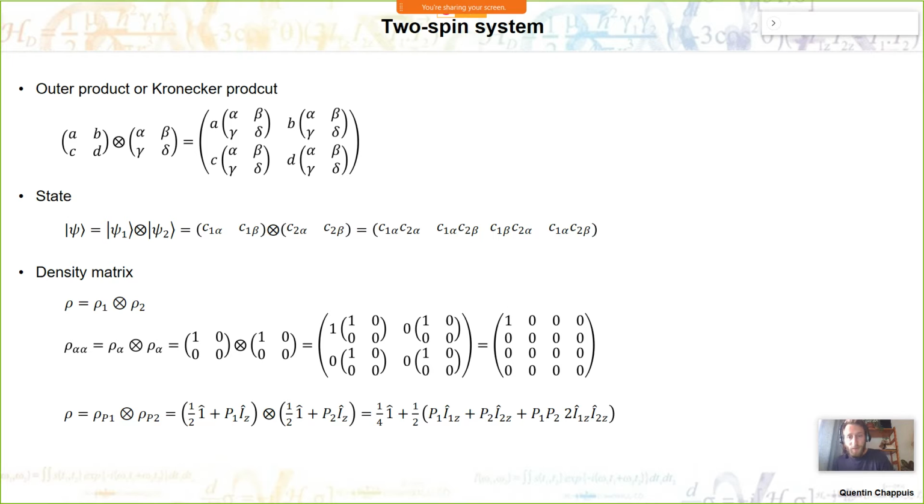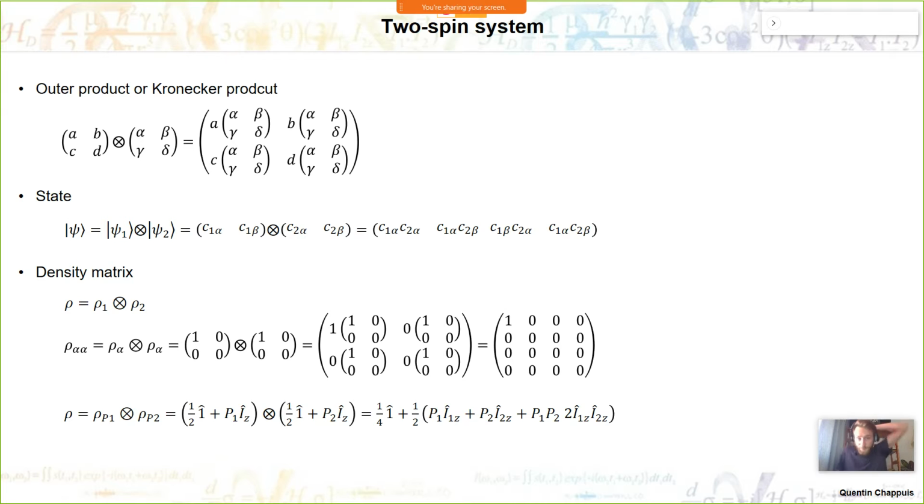And if I do the simple math for this, I get now no longer a half of the identity matrix, but a quarter, and I get this formula with I1Z multiplied by P1, and I2Z multiplied by P2. And we have this term that we often don't care about in normal NMR at low polarization, which is the product of I1Z and I2Z with P1 times P2, because P1 times P2 is very low in conventional NMR.